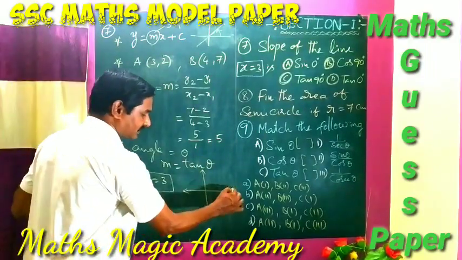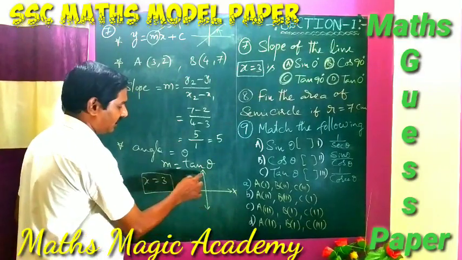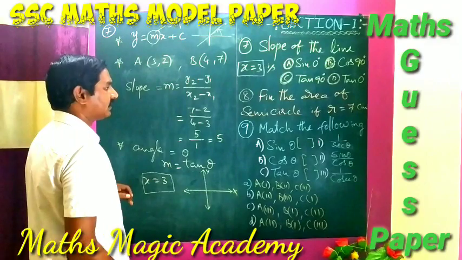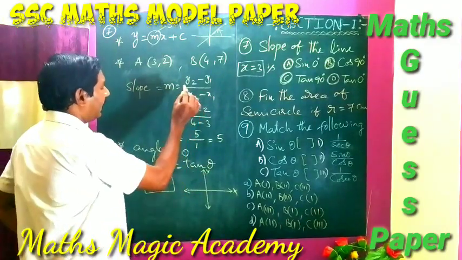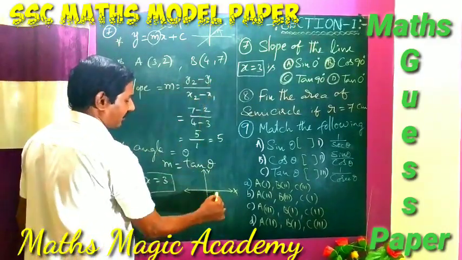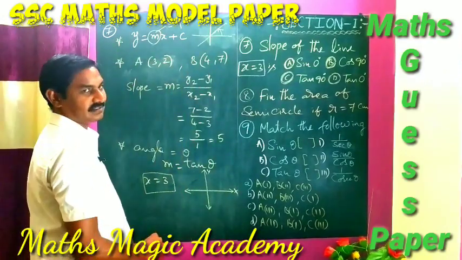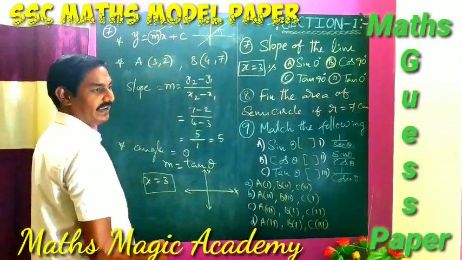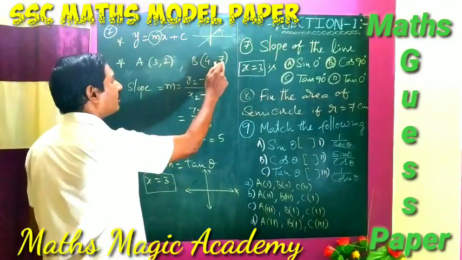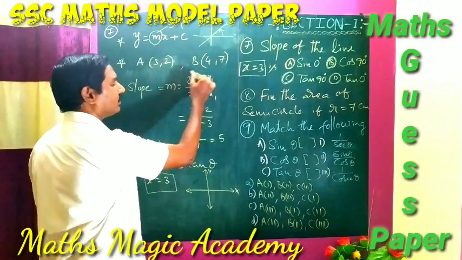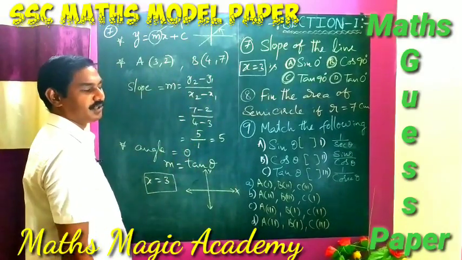Slope of x-axis is 0 and the slope of y-axis is undefined. Why is it like that? If you take the slope of x-axis, then the 2 points will be lying on x-axis. That means the y coordinate must be 0. That means the numerator is 0.